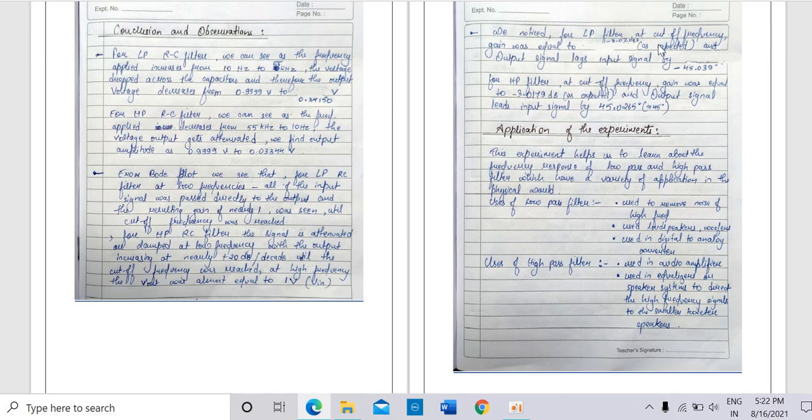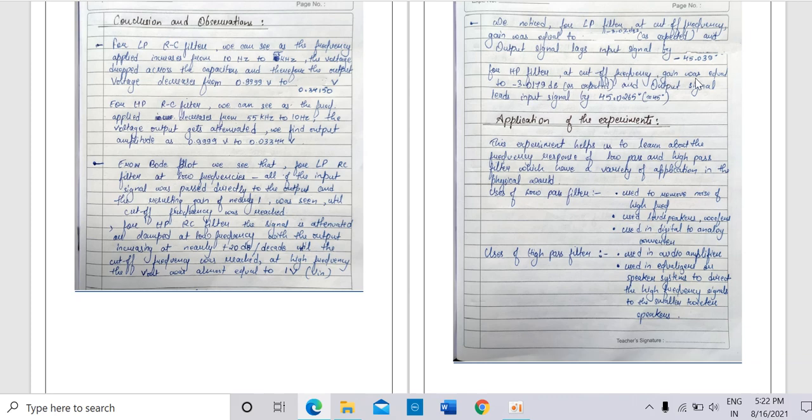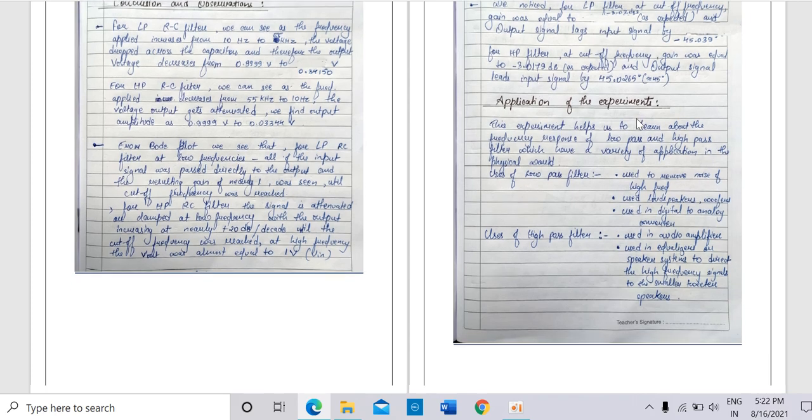We notice for the low pass RC filter at cutoff frequency, gain was equal to minus 3.02, that is almost minus 3, and the output signal lags the input by 45.039 degrees. For the HP filter at cutoff frequency, gain was equal to minus 3 as well. The output signal leads the input signal by 45.025, that is almost equal to 45 degrees.